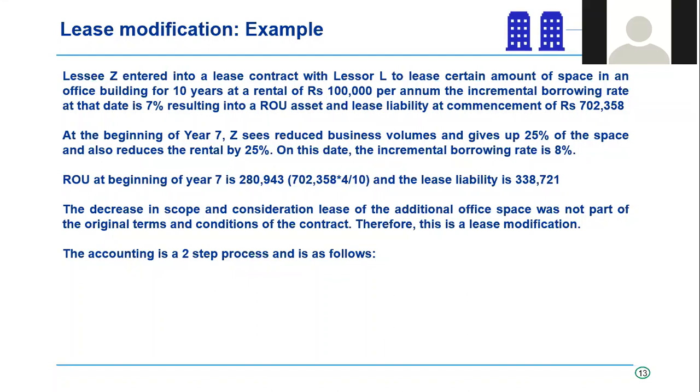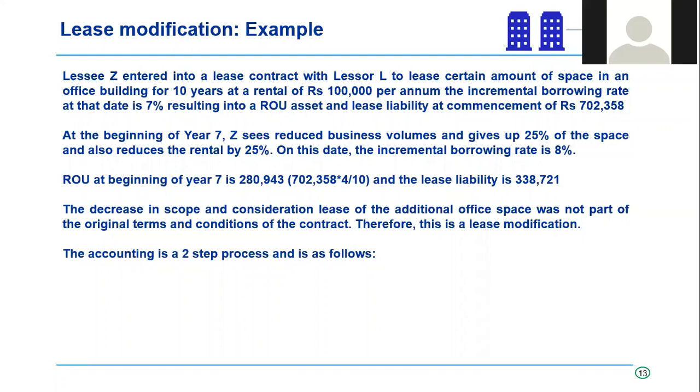However, there is a distinction to be made in the sense that on the portion of the assets that is given up, which is the 25% floor space, a gain or loss on the derecognition of the ROU and lease liability would be recognized in the P&L.